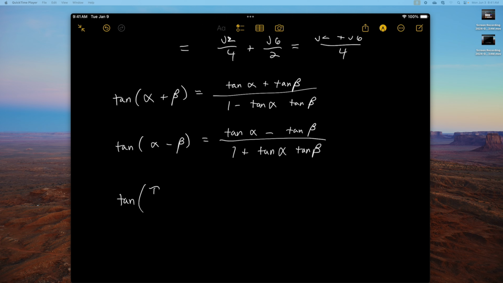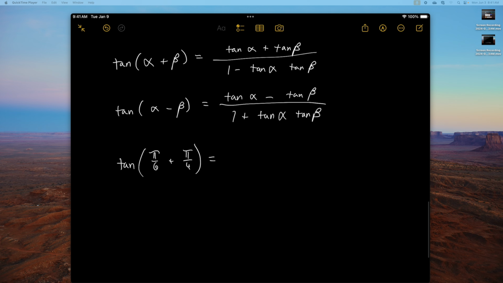Let's do pi over 6 plus pi over 4. Just give the angles there. So let's see here. If we plug this into our formula, it's going to be tan of pi over 6 plus tan of pi over 4 over 1 minus tan of pi over 6 times tan of pi over 4.